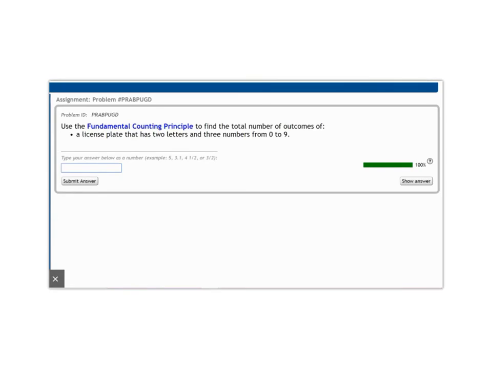Now, a license plate that has 2 letters and 3 numbers from 0 to 9. So that means we're going to have a letter, a letter, and then a number, a number, and a number. And for each of the letters, there are 26 possible letters to choose from. So we have 26 times 26. And just like in the pin problem, 0 to 9 means we have 10 possible digits that can go in each of those spaces for the numbers.